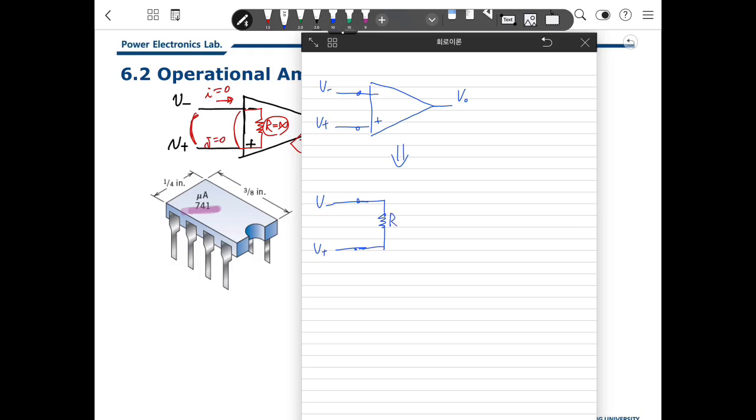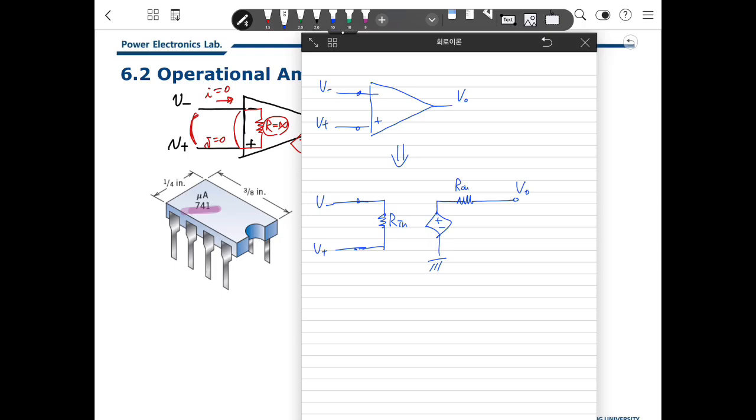This is R in, and again this can be modeled with a dependent source here, and a resistor, and this is VO.